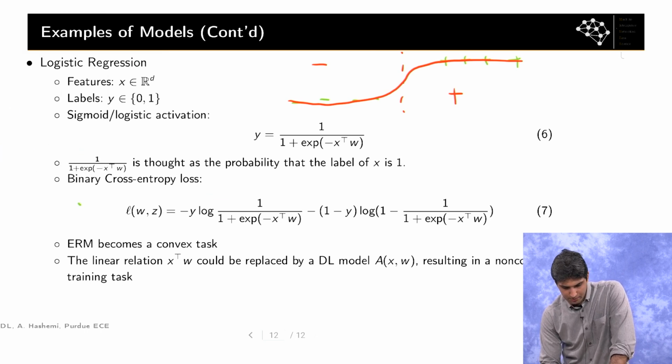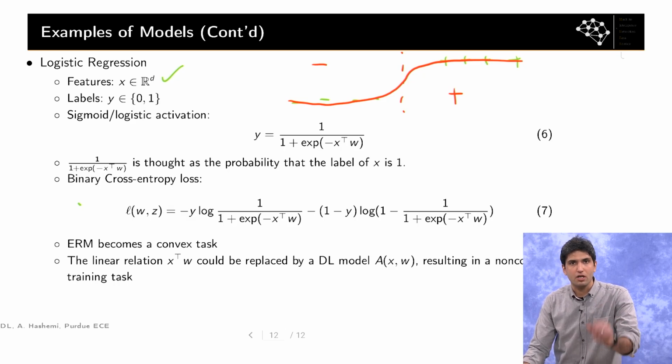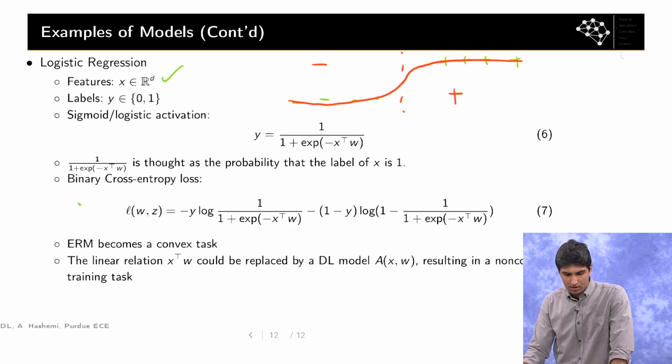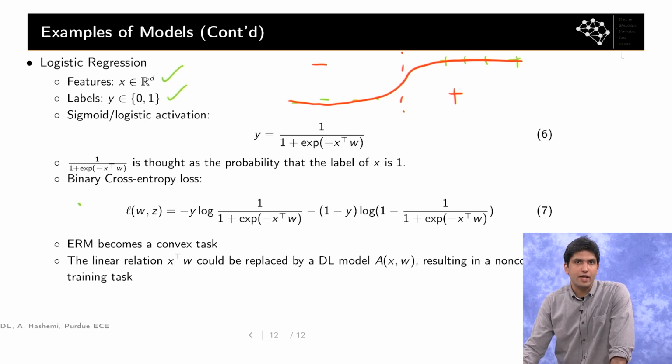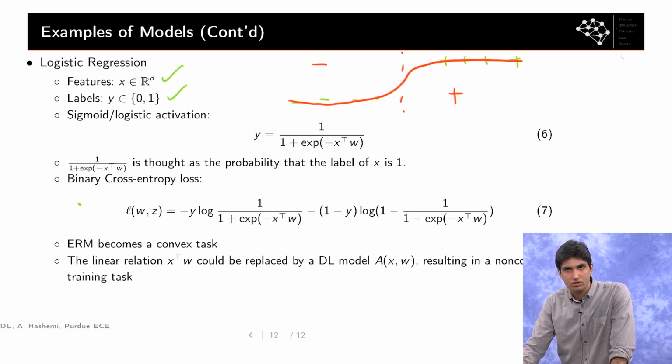All right, so what are the elements of the problem again? We have features. Again, these could be collections of pixels of an image. Okay. We have labels. We can use +1 and -1, or we can use 0 or 1. It doesn't really matter much. So here I'm using 0 or 1 to denote the two different classes that I have in this problem.